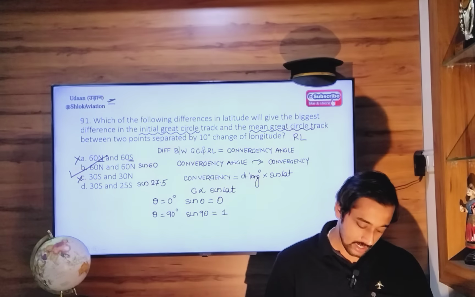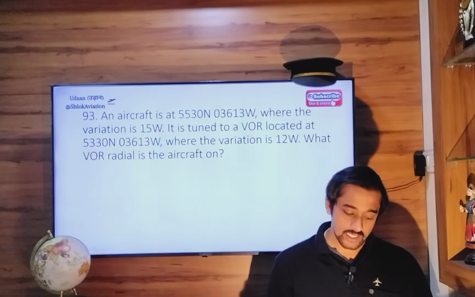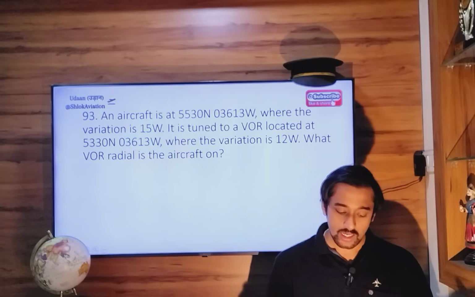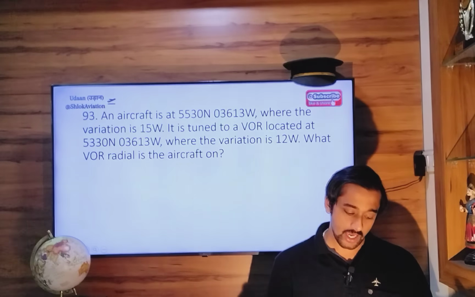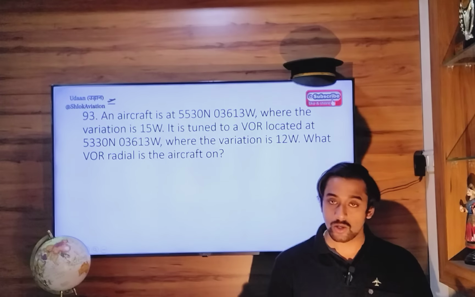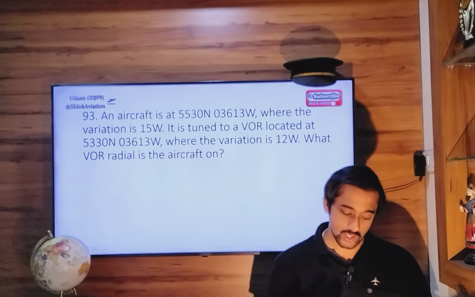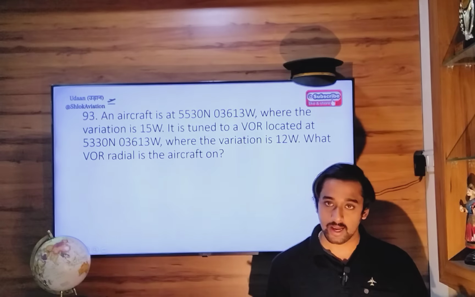Okay. Next. Aircraft is at 55 degree 30 minutes north, 36 degree 13 minutes west, where variation is 15 west. It is tuned to a VOR located at so and so position, same longitude but to the south of aircraft.